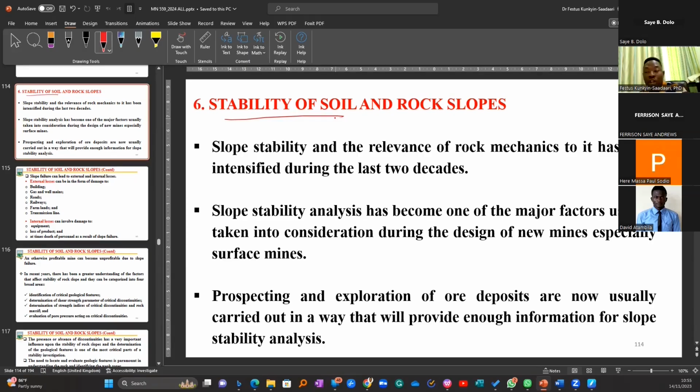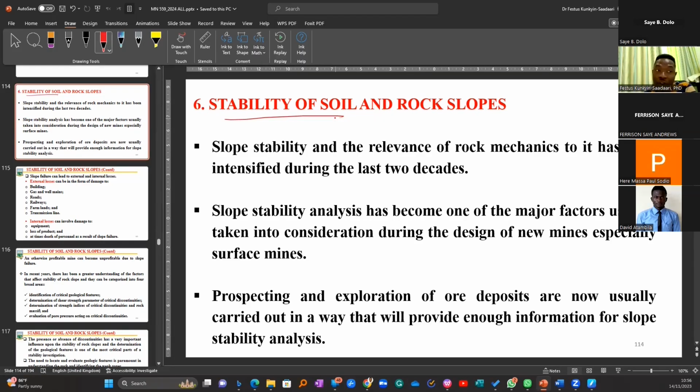So soil slope stability and the relevance of rock mechanics to it has intensified in the last few years. Two decades ago, this was not an issue, but today it is a very important aspect of mines.